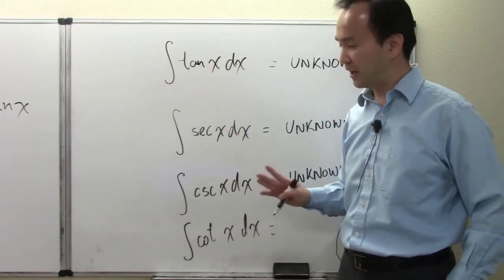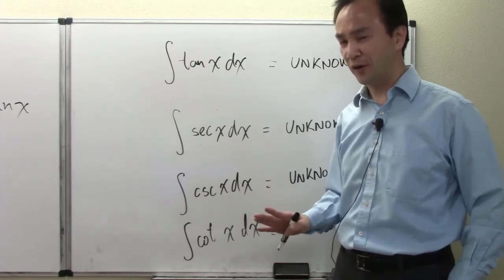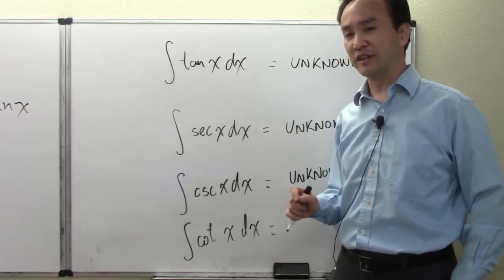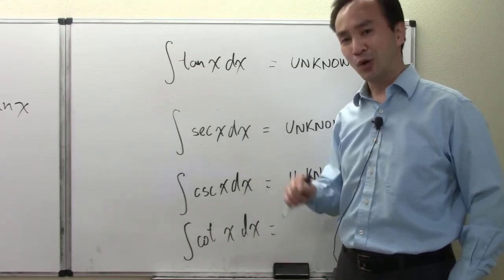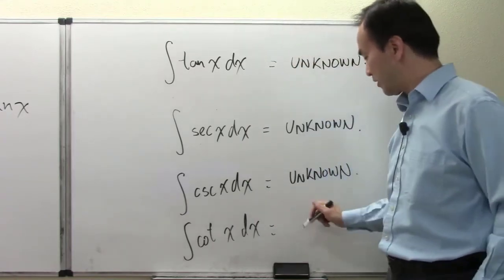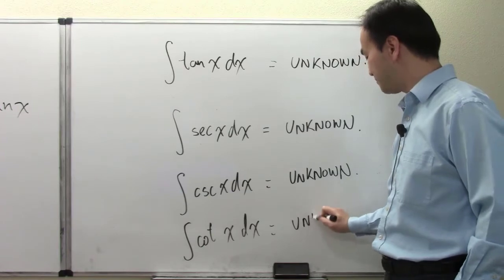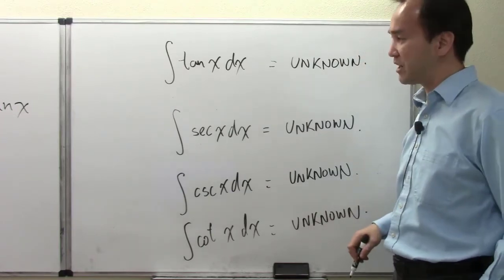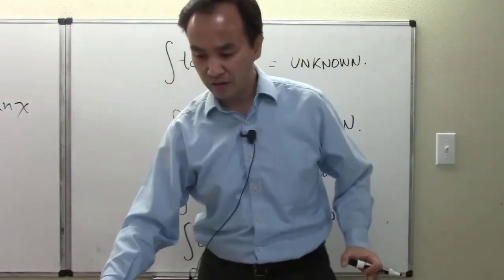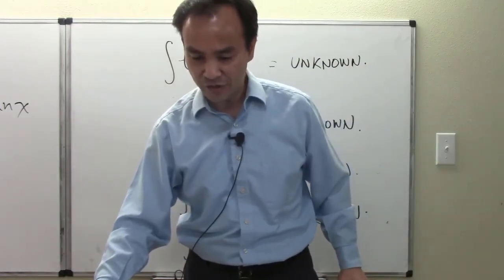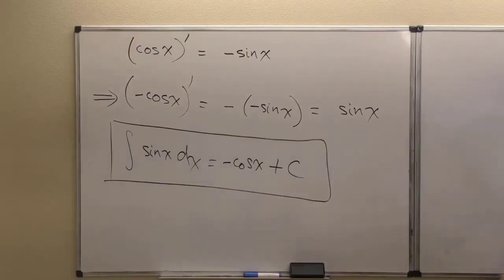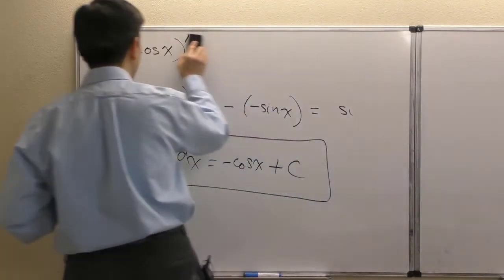But unfortunately, at this point in our learning about antiderivatives, we only know the antiderivative for sine of x and cosine of x. And so this one here is still unknown. This one here is still unknown. And so now I'm going to go ahead and clear my other board and introduce a few others. It's not as special, but it's useful to know them.